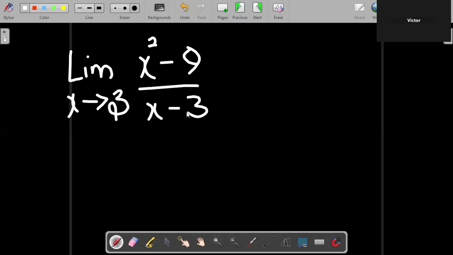No. Okay. So you know 9 is a perfect square. So you write 9 as 3 raised to power 2. 9 is a perfect square, so you should be able to apply the concept of difference of two squares to get the answer correctly.